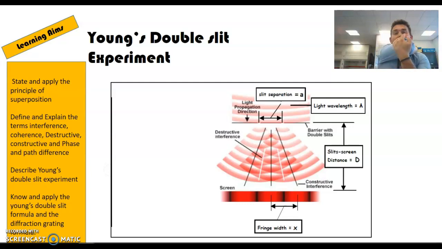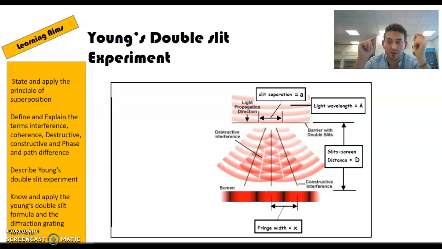So a guy called Young observed this and made an equation for it. It was called Young's double slit experiment. He determined that there was a relationship between the slit separation, a, the wavelength of the light, lambda, the distance from the slits to the screen, D, and the width of the fringes, x.